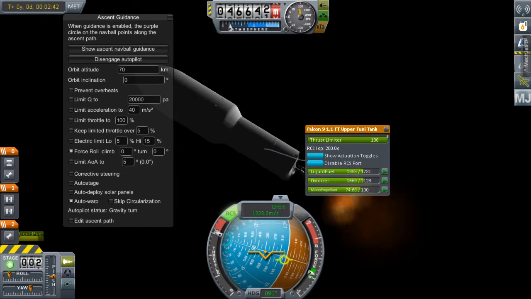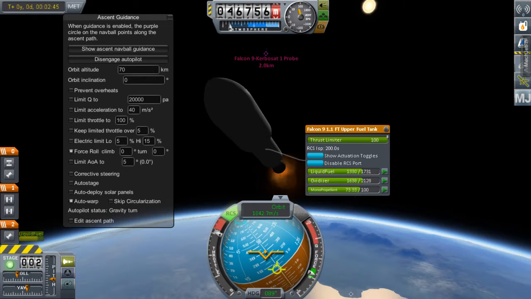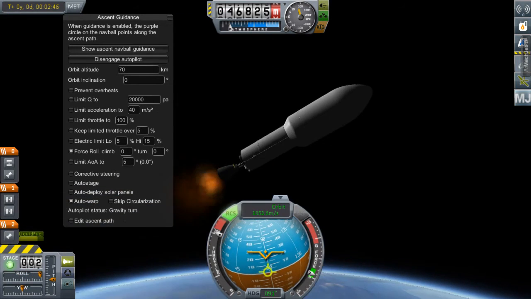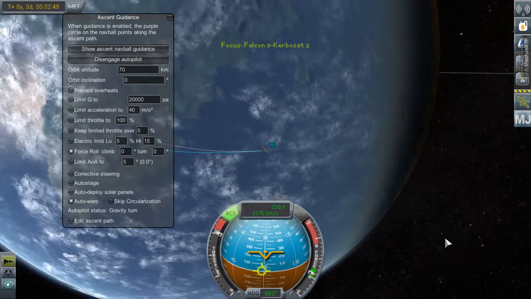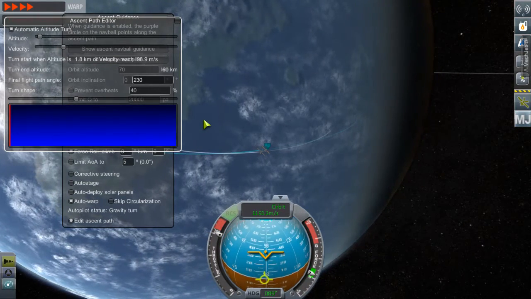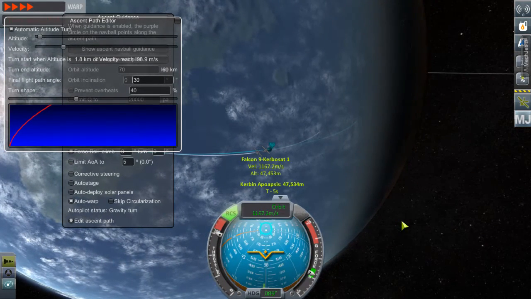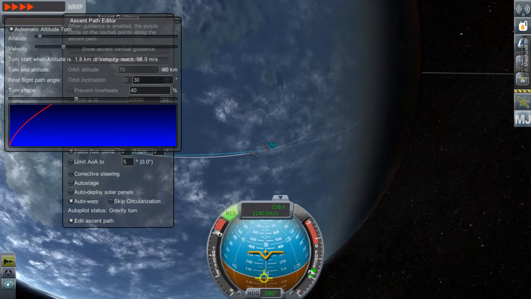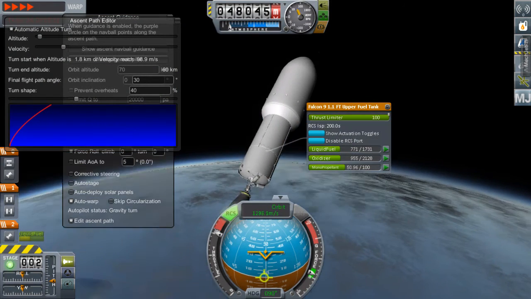Target inclination is active. Vehicle orientation is nominal. Vehicle continuing to attempt to gain velocity.